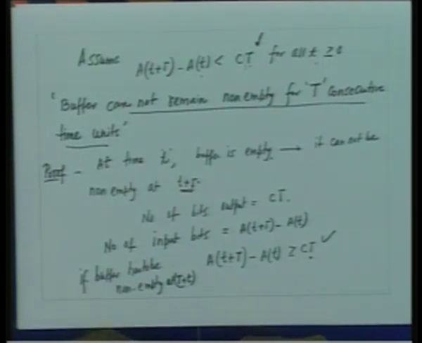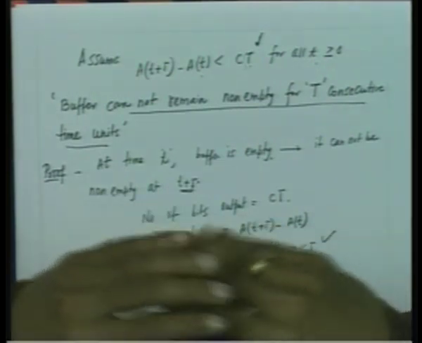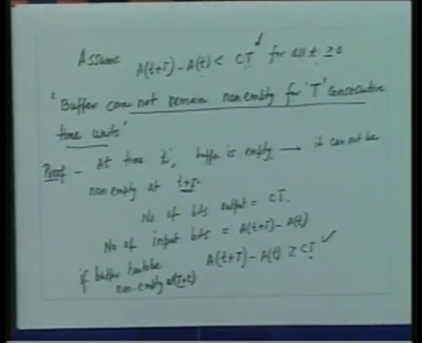So what is the implication of this? Our bursty random source, which was getting transmitted through a buffer equipped with a transmitter transmitting at the rate of C, would have its packets delayed by at most capital T, where we have carefully chosen the transmitter rate C in such a manner that it is greater than the average rate.